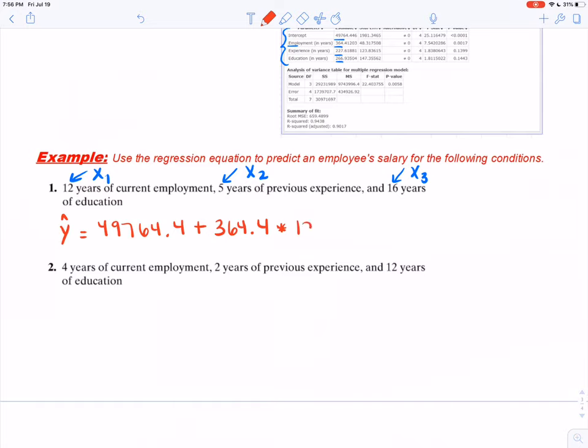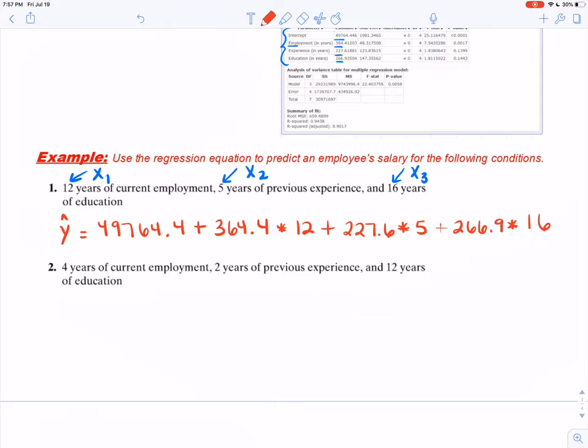And then I'm going to plug in for x1, 12 years of employment. And then my experience, 227.6. And I'm going to plug in the years of experience at 5. And then my education, 266.9 was the slope, and I'm going to plug in my 16 years of education.